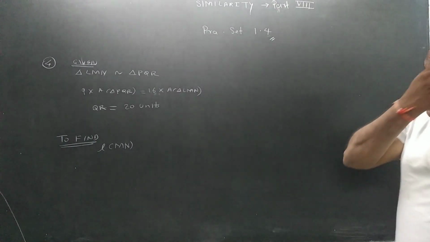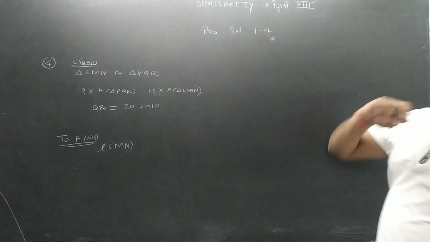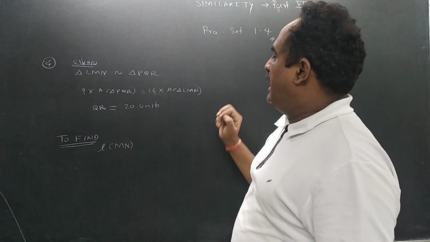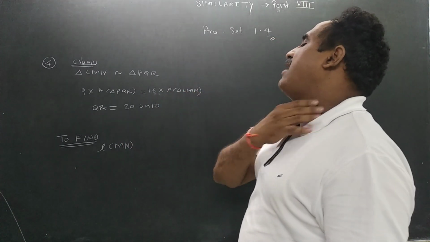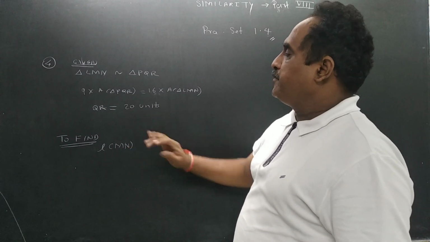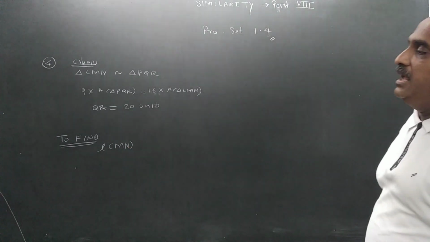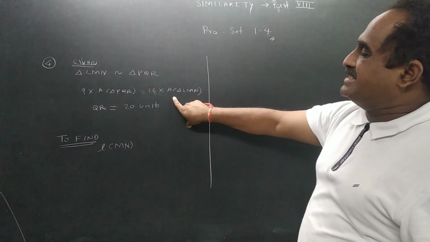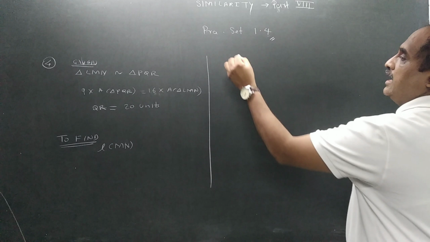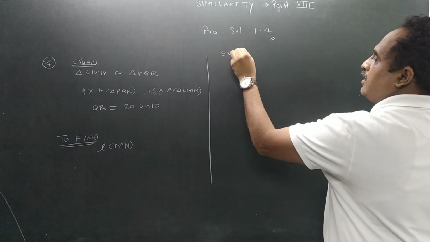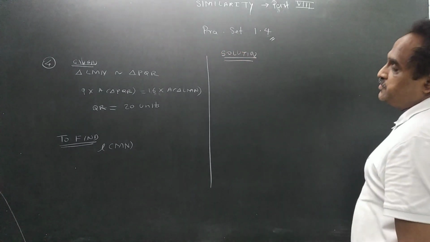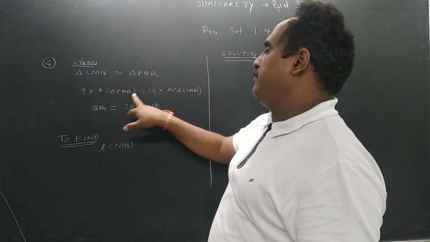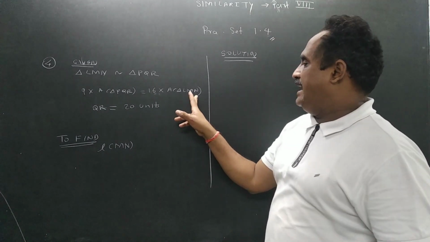See, triangle LMN is similar to triangle PQR. 9 into area of triangle PQR is equal to 16 into area of triangle LMN. They have given the value of QR. Okay, see here now. So first of all, we are going to make use of this. See the solution. See the question once again. They have given that these two triangles are similar. Then 9 into area of triangle PQR is equal to 16 into area of triangle LMN.